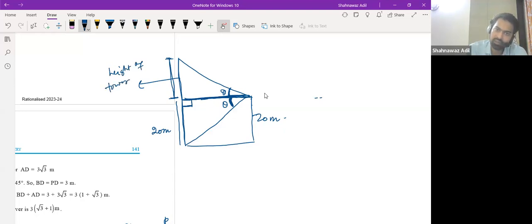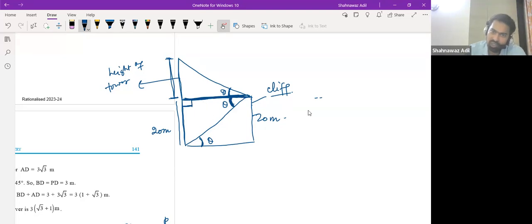This is the cliff. Okay, so this is theta, and this is 20. If this is theta, then this is also theta. So we have to find out this distance. How much would it be?